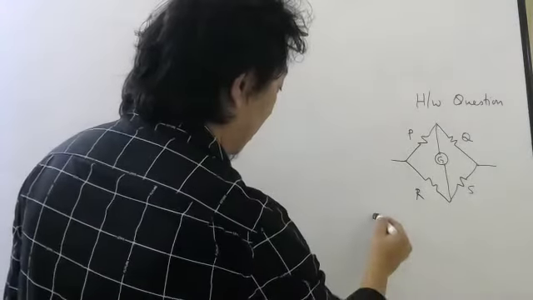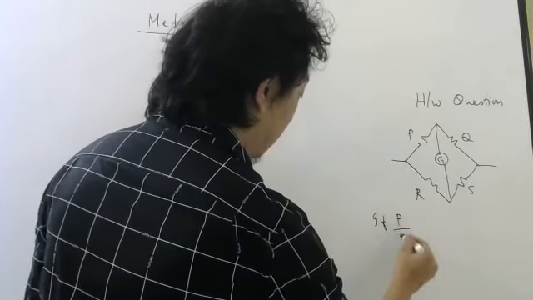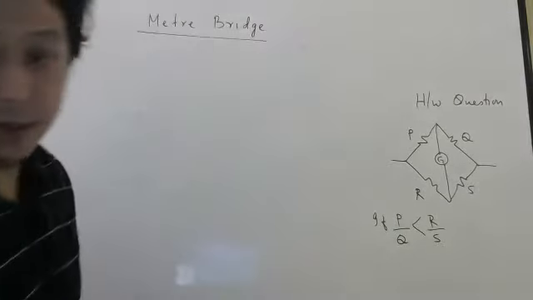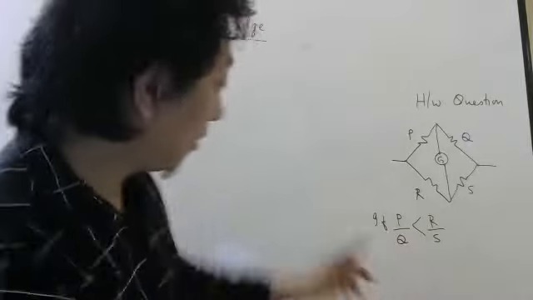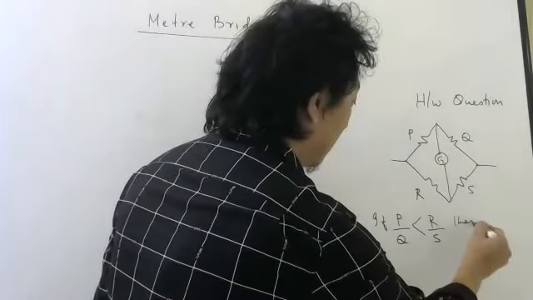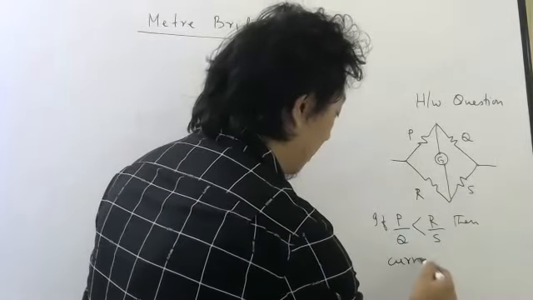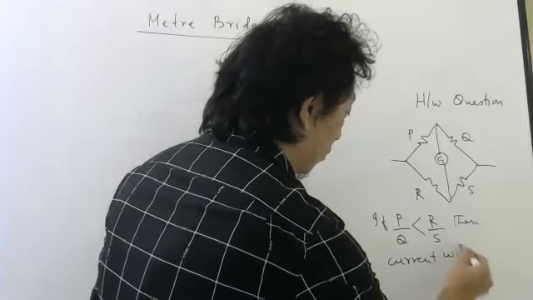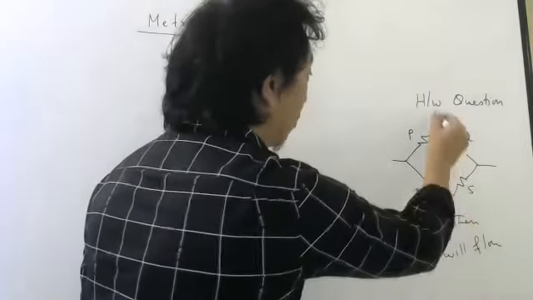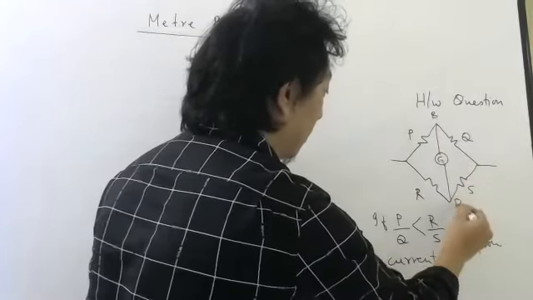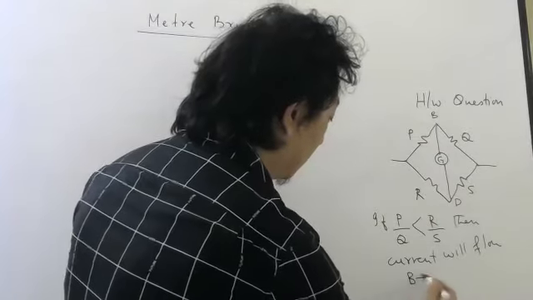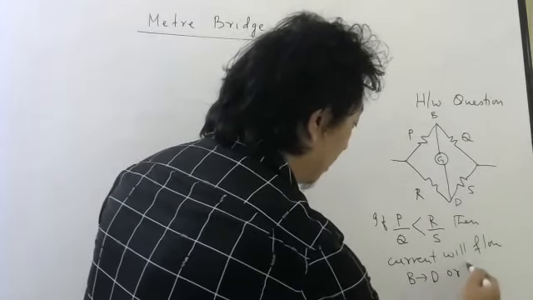But if P by Q is less than R by S, try for this one. Then current will flow in this. Obviously current will flow. The question is, if this point is B and this point is D, will current flow B to D or D to B?